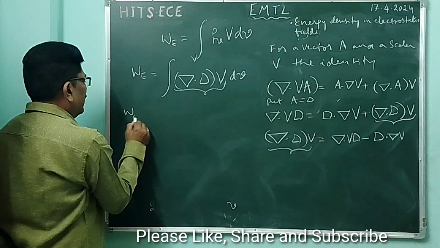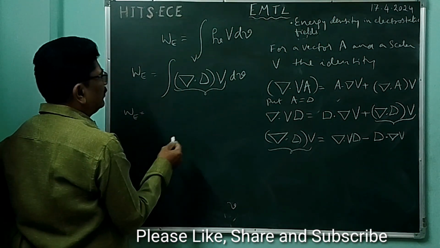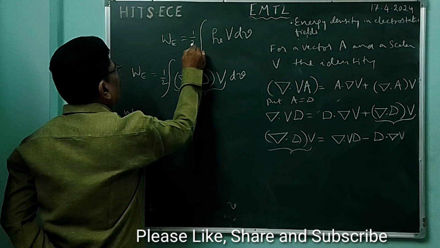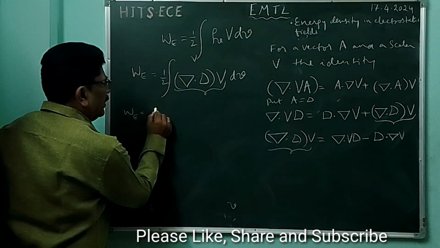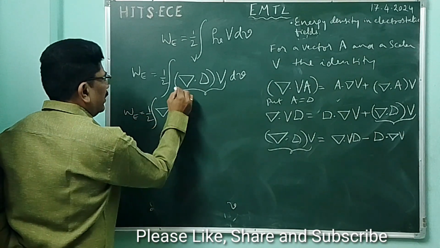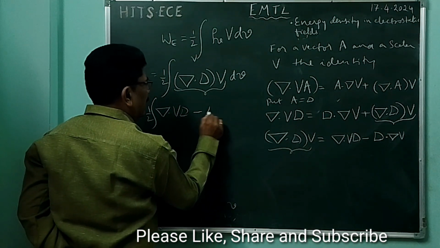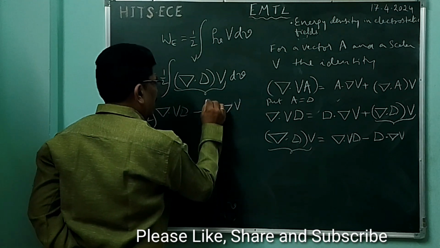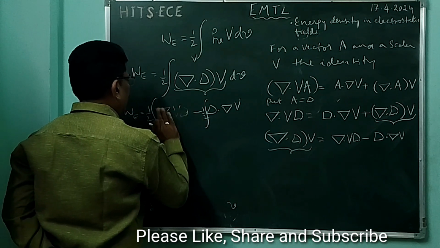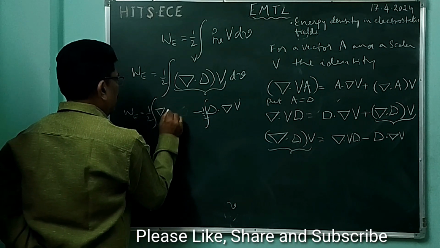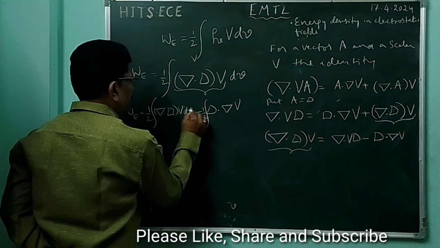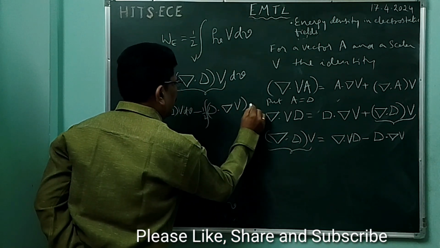So W_E, the total work done, with the 1/2 there, is equal to 1/2 ∫∇·(VD) dv minus 1/2 ∫D·∇V dv.